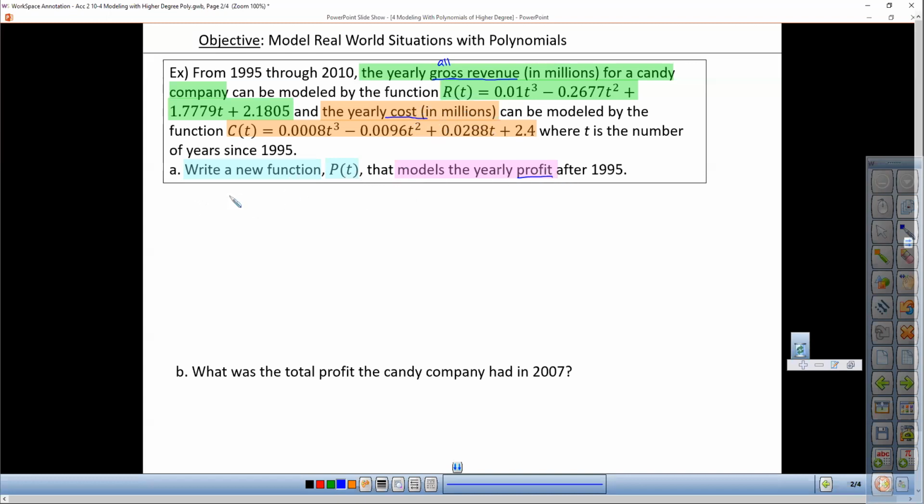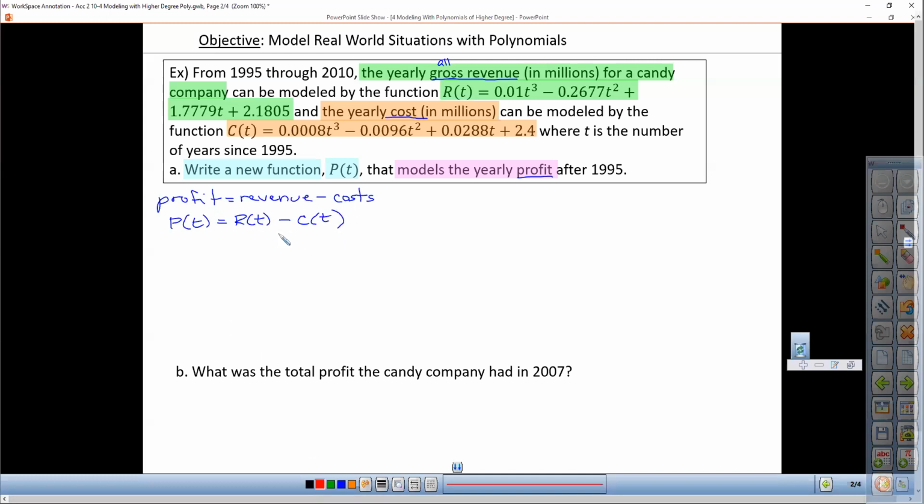So that tells me that my profit will come from subtracting costs from revenue. So I start with my revenue, all the money the company made, and I subtract off all those bills, all the costs, and what's left will be profit. So this is telling me that P of t will be equal to r of t minus c of t, like so.